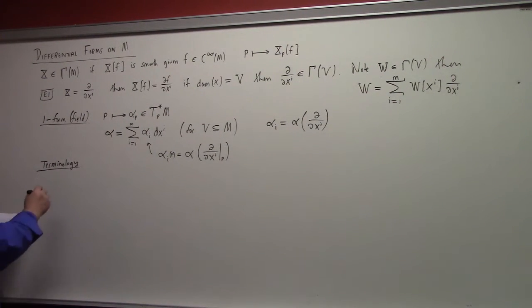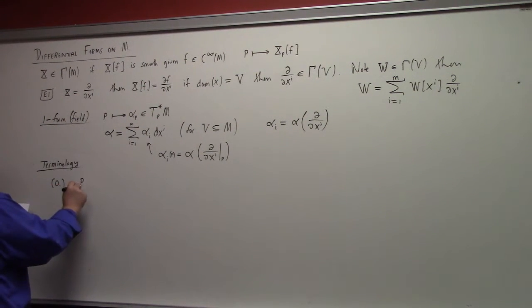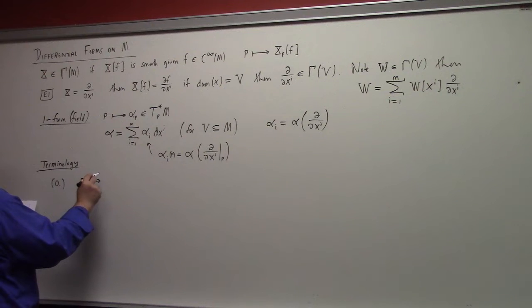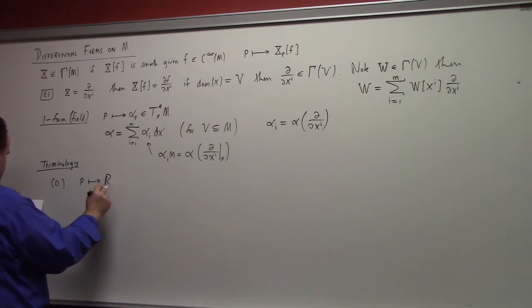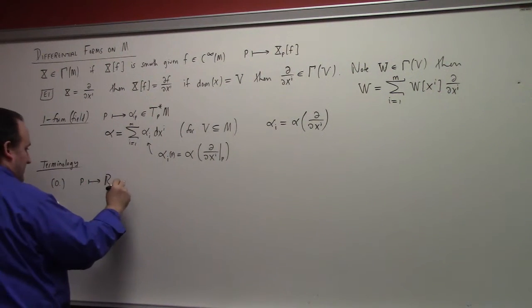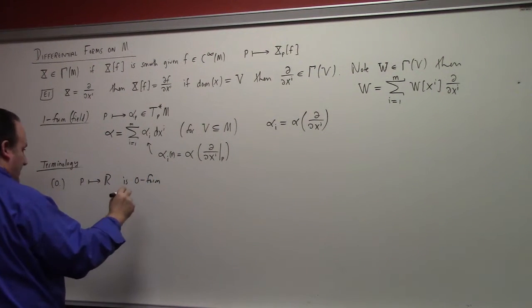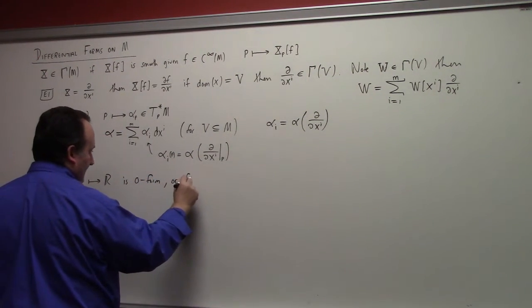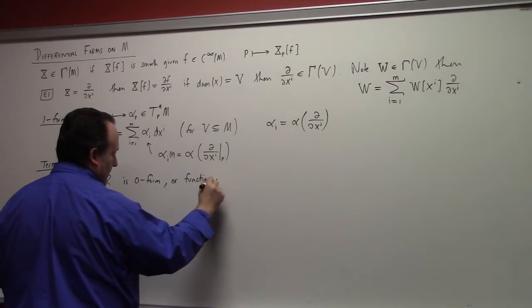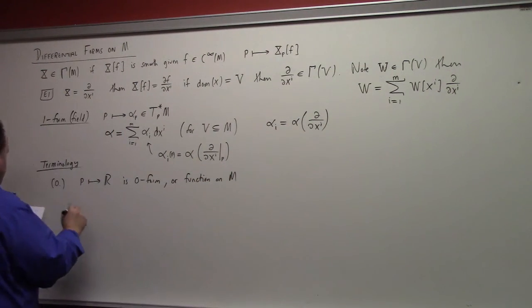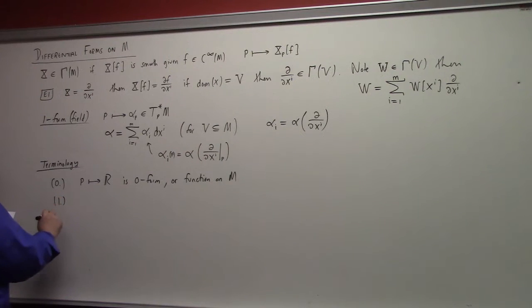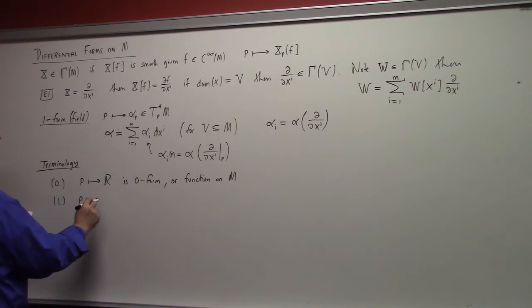But here's the notation. If we have P maps, something that maps from P to R, is a 0 form, aka a function on M. If we have, for example, P maps to dxj.